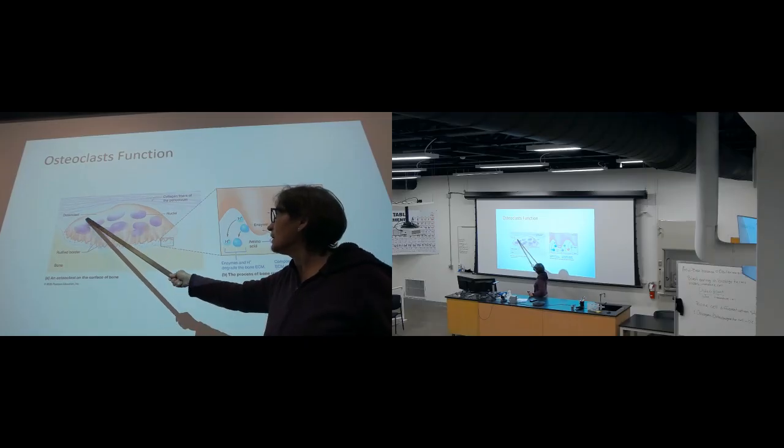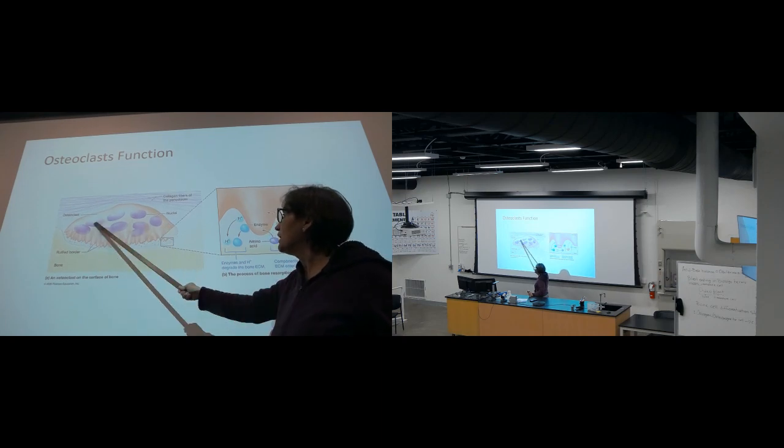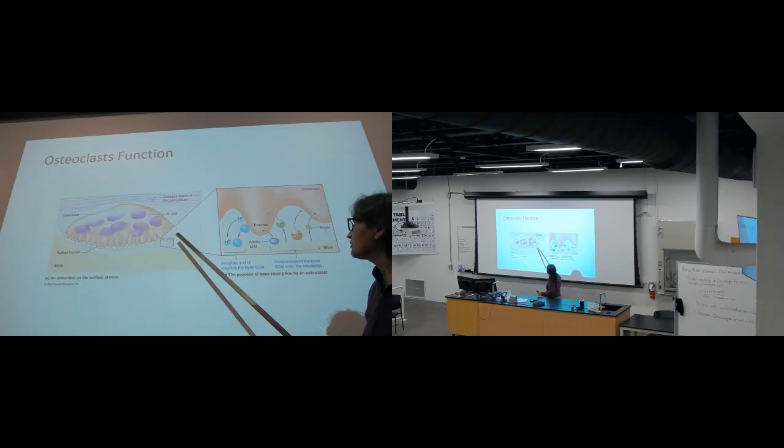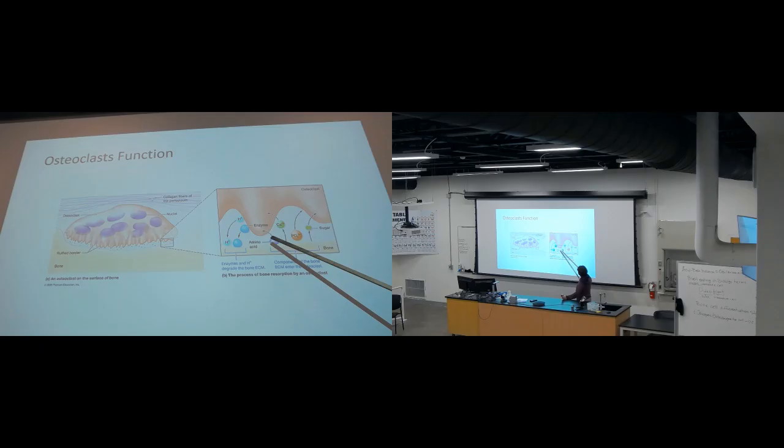So this single cell is called an osteoclast, and it has ruffled borders and multiple nuclei, as you can see. If you magnify this part, they secrete enzymes and hydrogen so that they can degrade this extracellular matrix. After you degrade this extracellular matrix, you release calcium, phosphate, sugar, and amino acids. So your bones become weaker with overactivity of these osteoclasts.